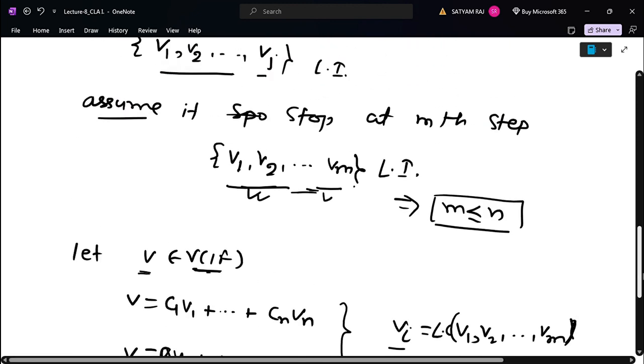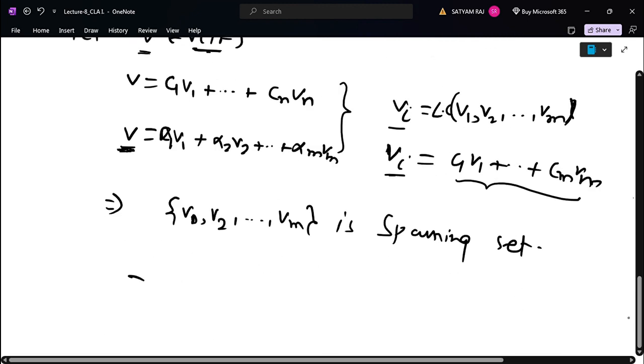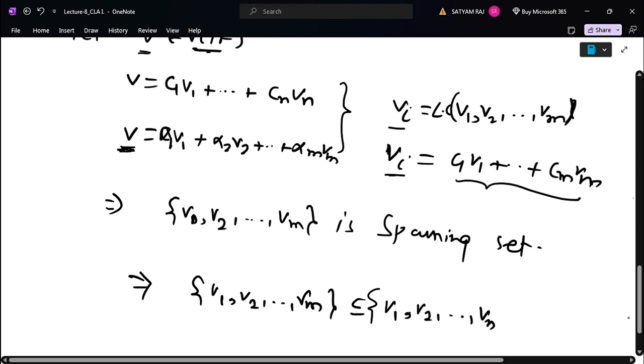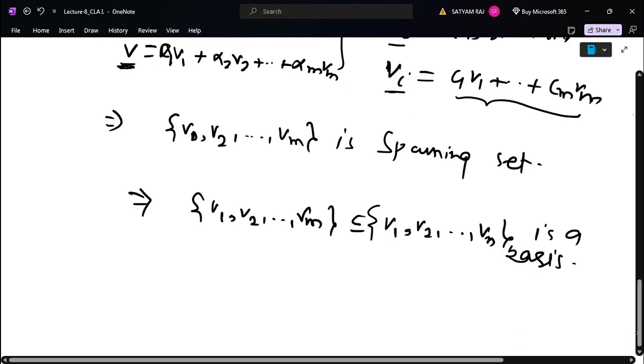So it is linearly independent by construction and it is a spanning set, which implies v1, v2, ..., vm, a subset of v1, v2, ..., vn, is a basis. Okay, so the new set is a basis, and so every spanning set contains a basis.